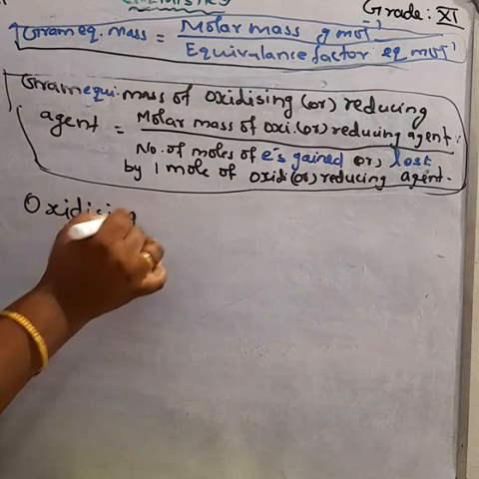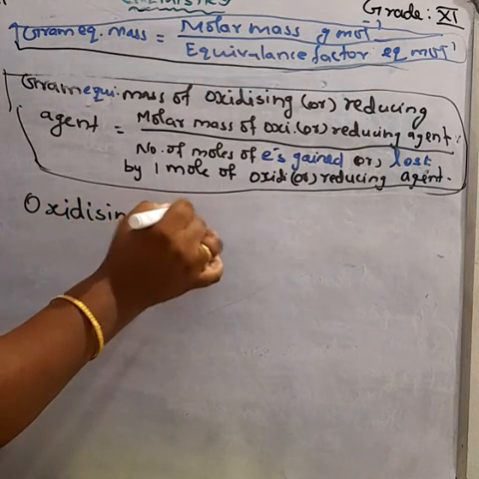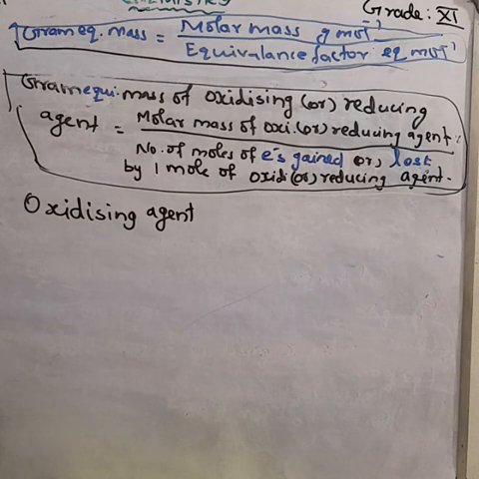So what is the formula for calculating the gram equivalent mass? Gram equivalent mass is equal to molar mass by equivalent factor.